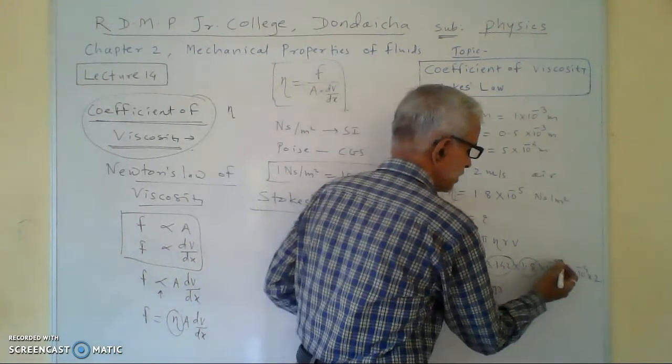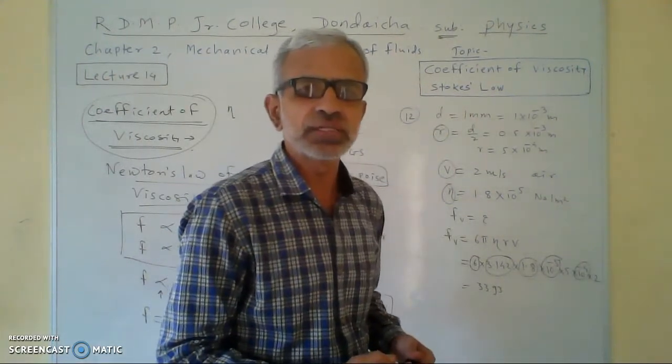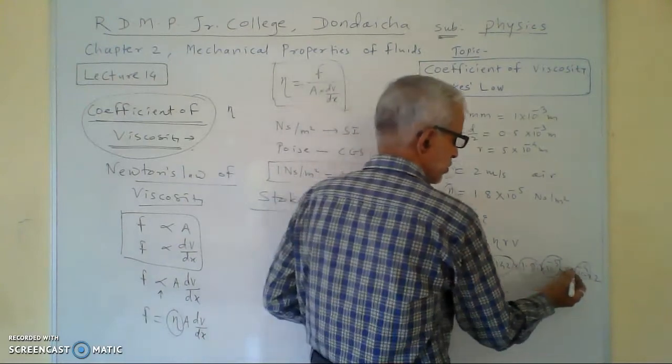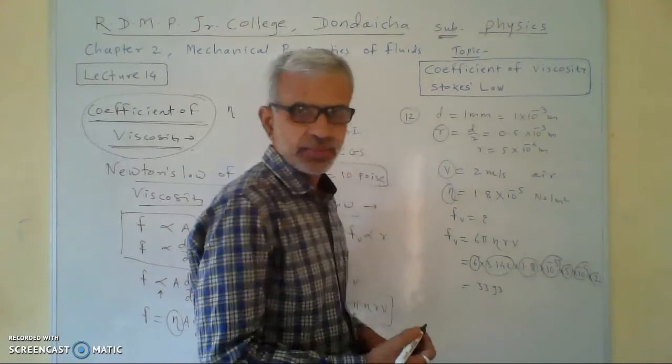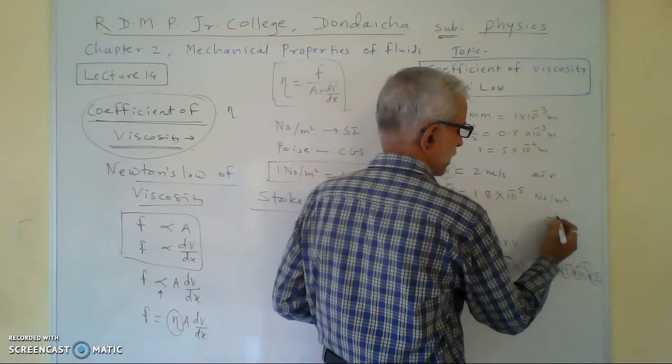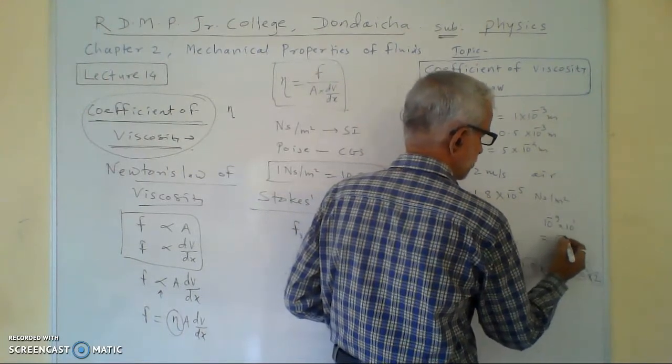Now 10 raised to minus 5 into 10 raised to minus 4 is 10 raised to minus 9. Then 5 into 2 is 10. So 10 raised to minus 9 into 10 means 10 raised to minus 8.